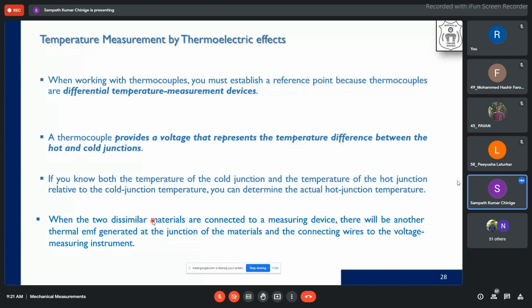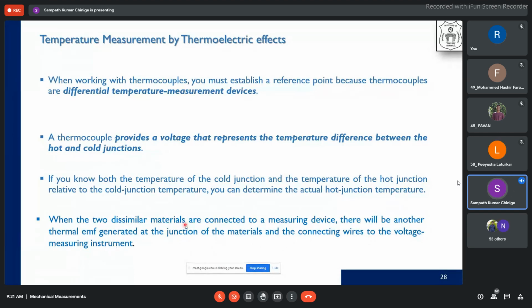Now, when the two dissimilar materials are connected to a measuring device, another thermal EMF is generated at the junction of the materials and the device connected to the voltage measuring instrument.